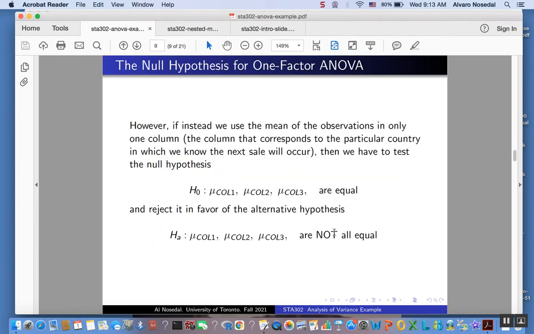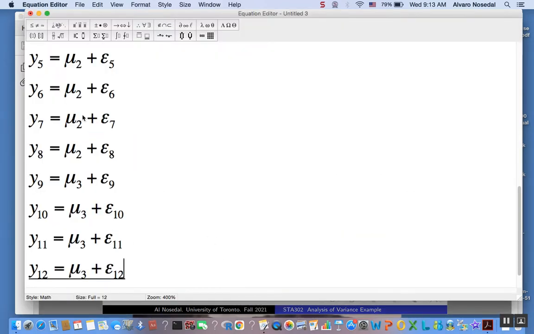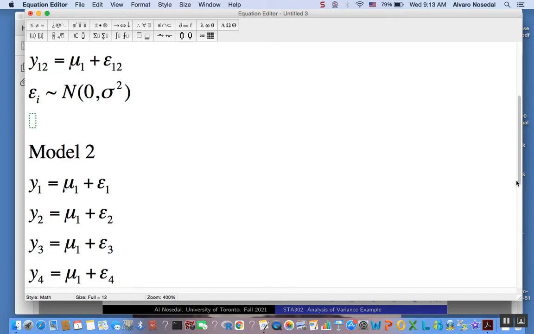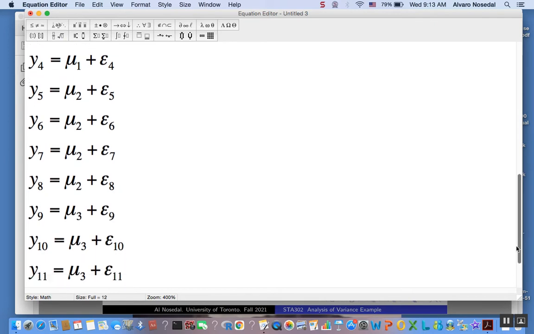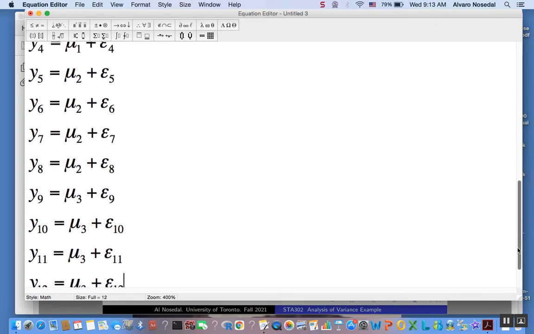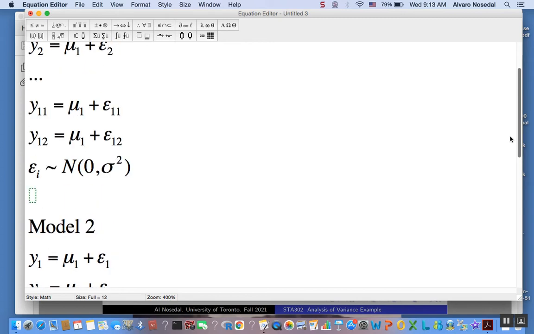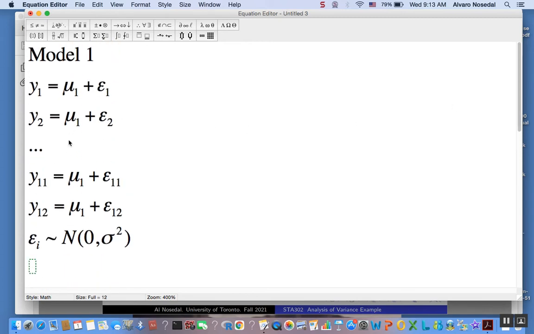And under the null hypothesis, what we're saying is, guess what? All of them are the same. The population mean for each of those columns is the same. If that was the case, if mu1 equals mu2 and that equals mu3, the second model clearly becomes model number 1. Can you see that?